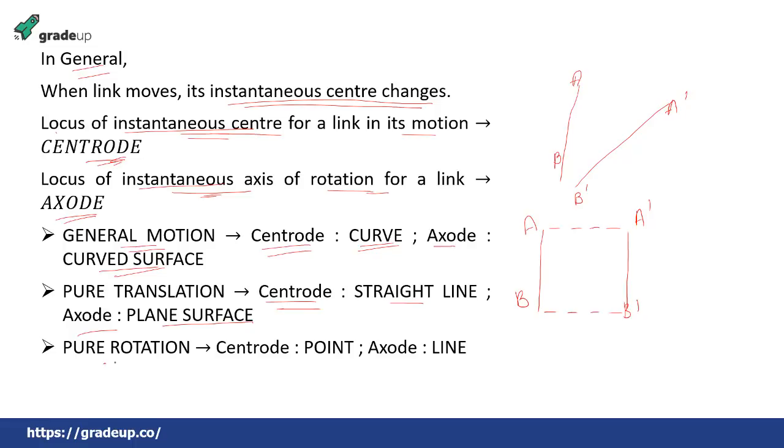In case of pure rotation, that is rotation of a link or element about a point, the centrode will be a point and the axode will be a line. These are some of the concepts about the centrode and axode in a general motion, a pure translation, and a pure rotation.